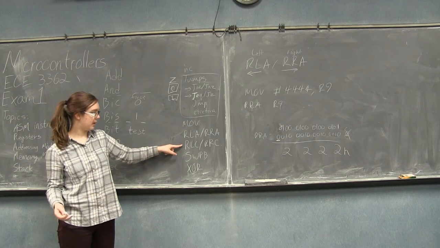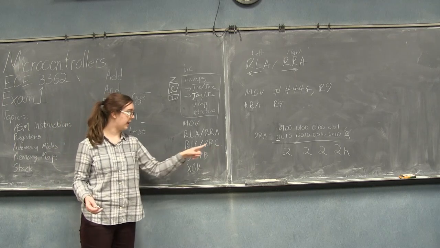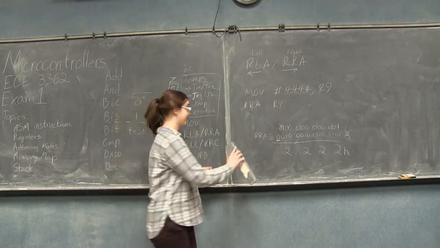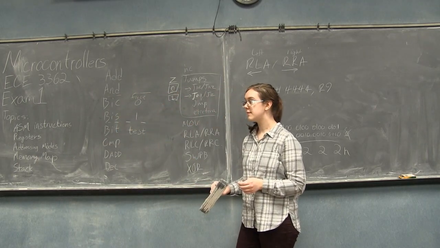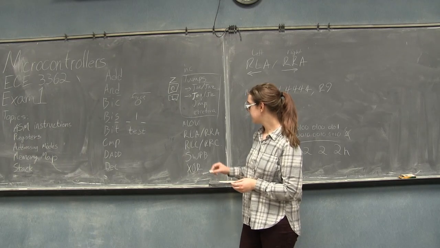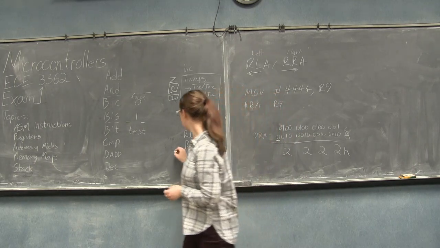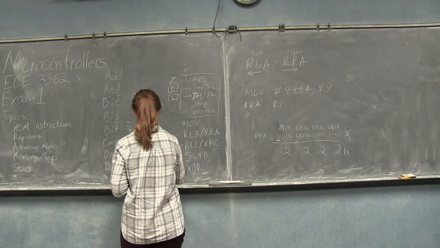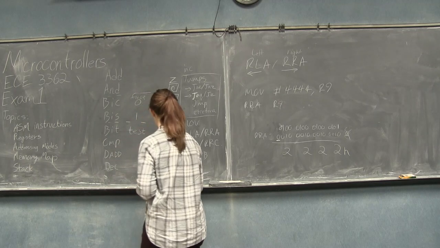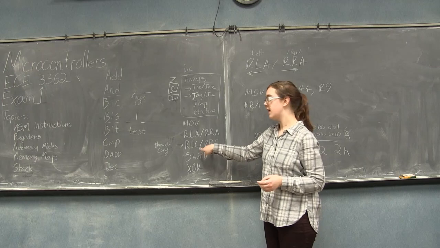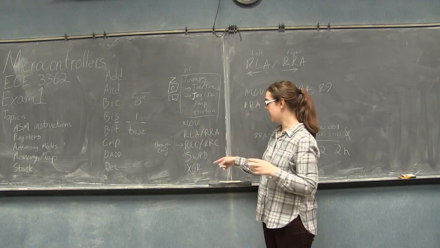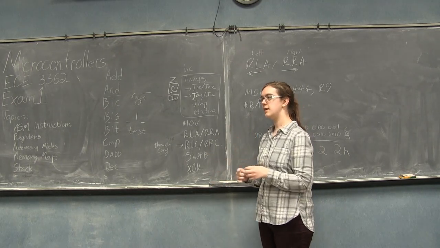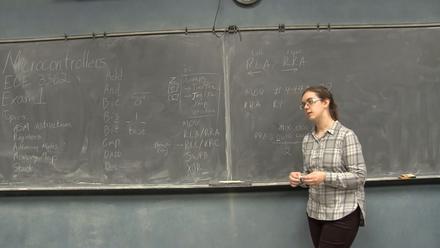So it works the exact same way. Rotate left through carry and rotate right through carry. Does that make sense? So if it's RLA and RRA, you rotate it, and the bit goes straight into the C flag, right? Through carry, so through the C flag. I think all of them would just pad on with zeros. So it doesn't barrel rotate, at least not in this chip that we're using.